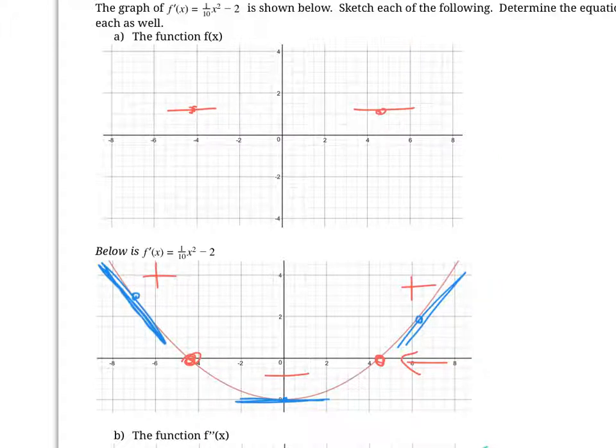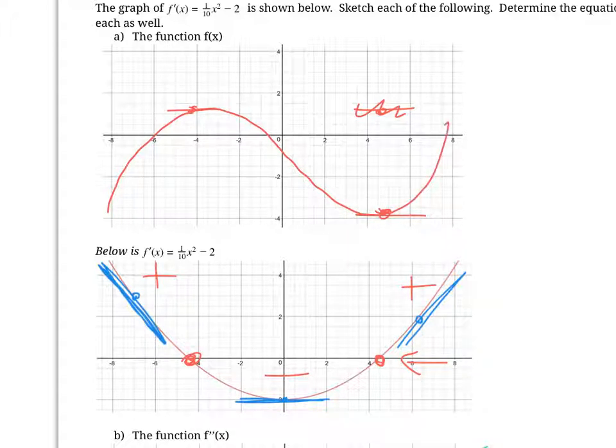So one possible answer for this is a positive slope going up to that maximum, and then a negative slope going to this minimum. Obviously, I drew it up there, so this isn't quite right. It should have a minimum value with a horizontal tangent like that. And then it's going to be a positive slope again. So we would expect it to be a cubic that looks something like that.